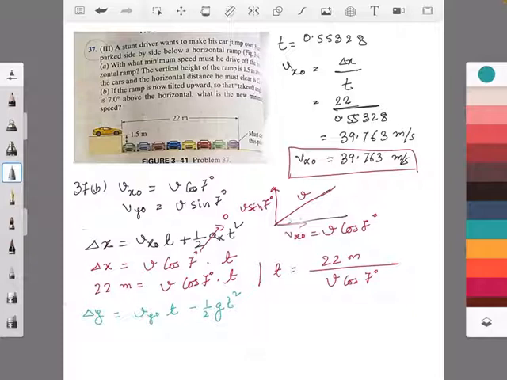So half g is half times 9.8, which is 4.9. It's easy if you remember this, then you can skip one step. So I will just write over here Vy0 times t minus 4.9 t squared.